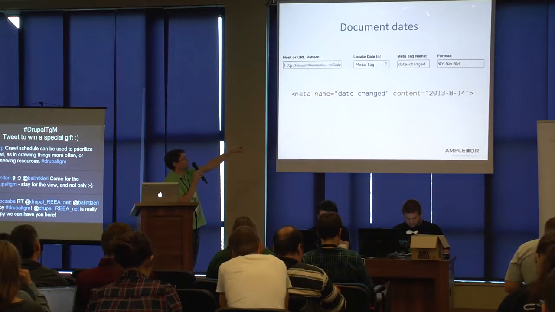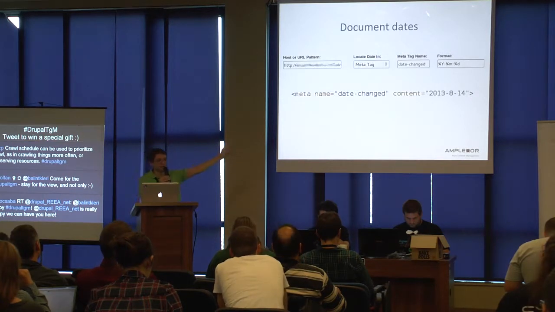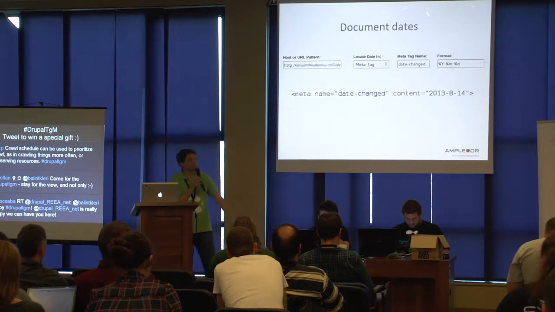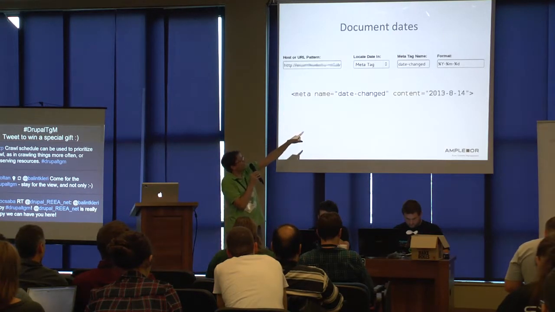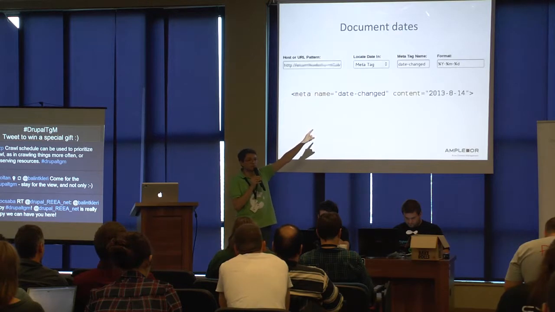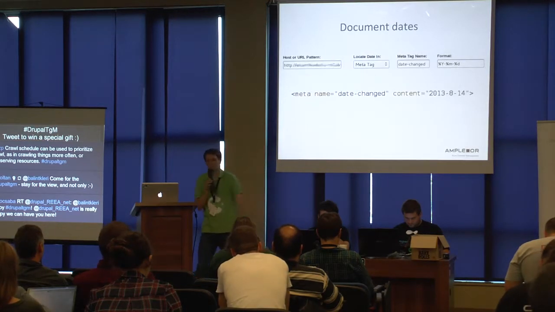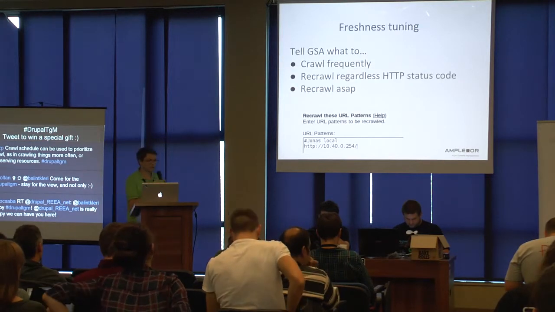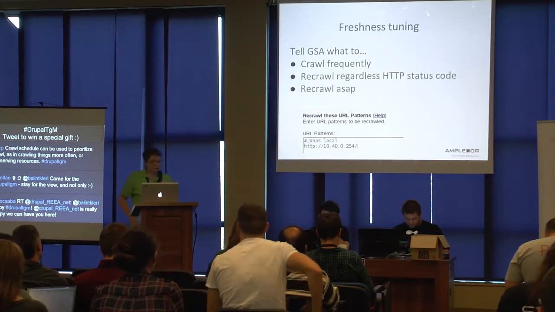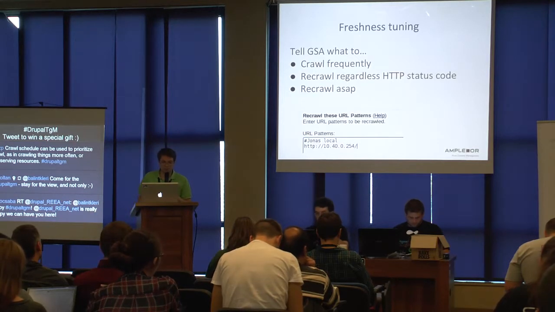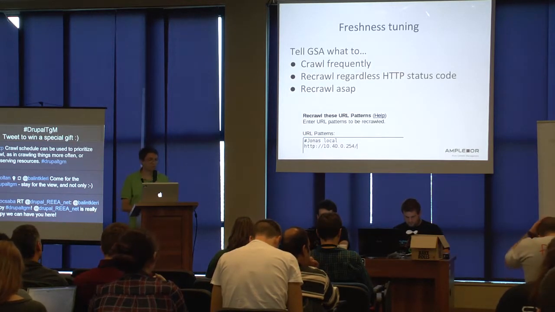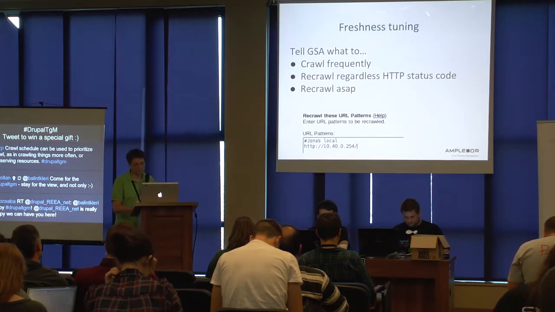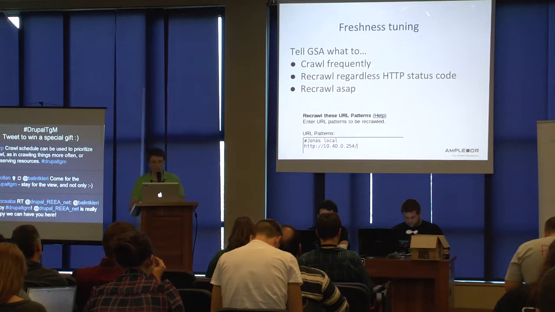For instance, we added a meta tag, date changed, typical for Drupal, and then a certain date format, and there we tell the appliance what meta tag it has to look for, to recognize as a date, and what the format will be. Freshness tuning: you can tell the appliance what to crawl frequently and what to recrawl regardless of HTTP status code. You can also tell what to recrawl as fast as possible.